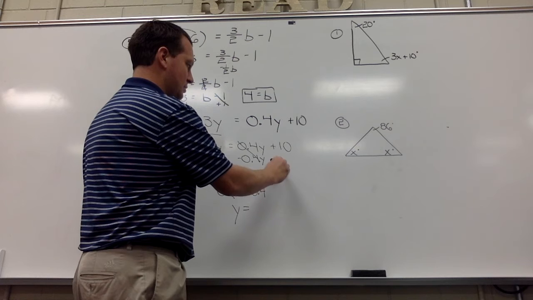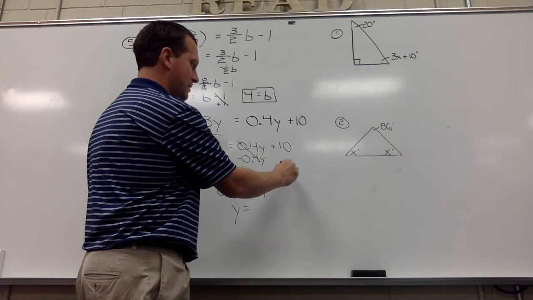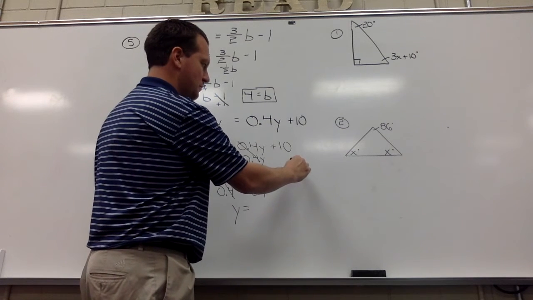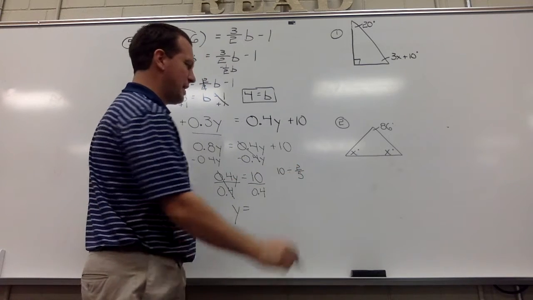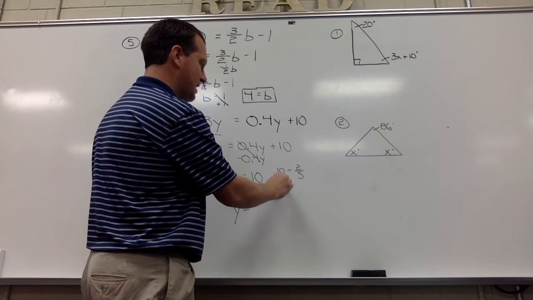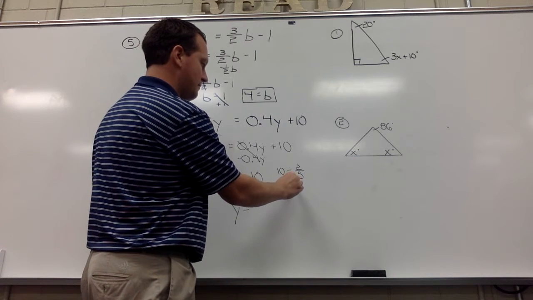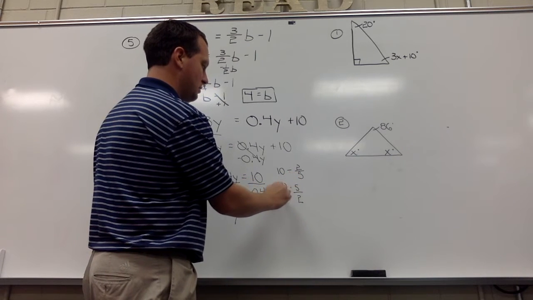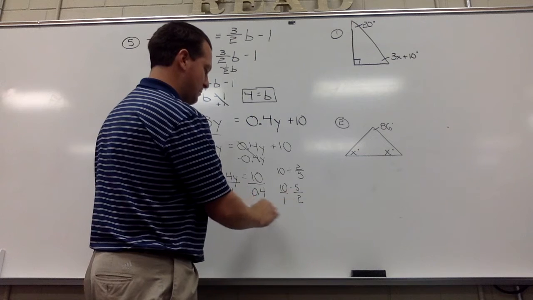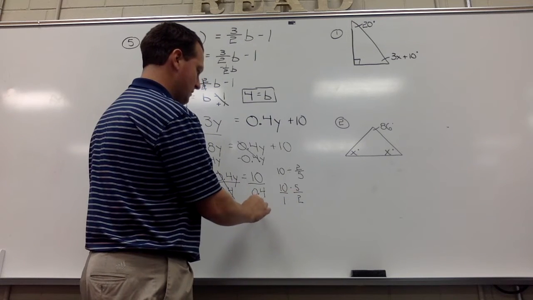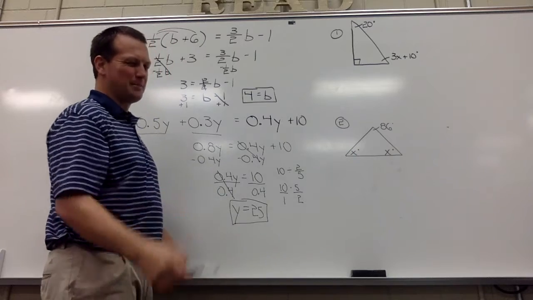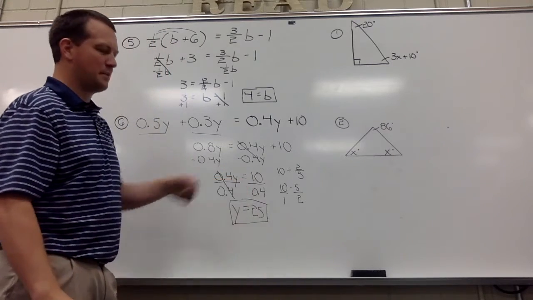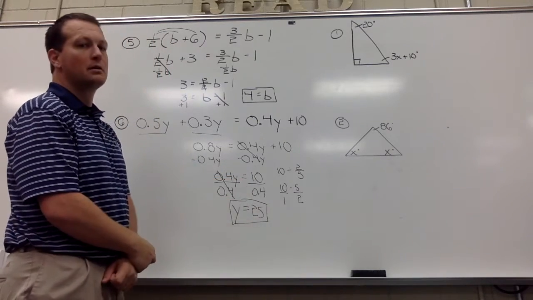But you're thinking, oh, it's 10 divided by 0.4 is 2/5 as a fraction. So I'm not going to divide the fractions. I'm going to multiply 10 times 5 over 2. So 50 divided by 2 should be 25. That's kind of goofy. I'd recommend using a calculator, 10 divided by 0.4 and get 25.